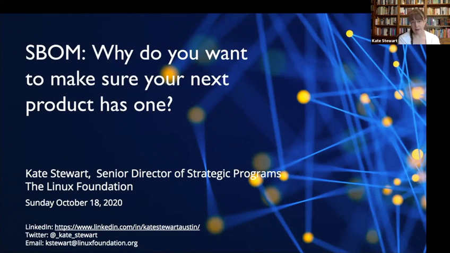A little bit of background about me: I'm a director of strategic programs at the Linux Foundation. Before that, I was a director of product management at Linaro. And before that, I was doing software bill of materials, basically doing SDKs, at Freescale/NXP/Motorola, depending on how far back you want to go.